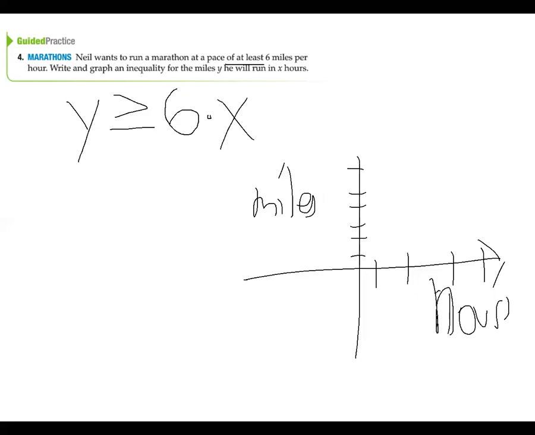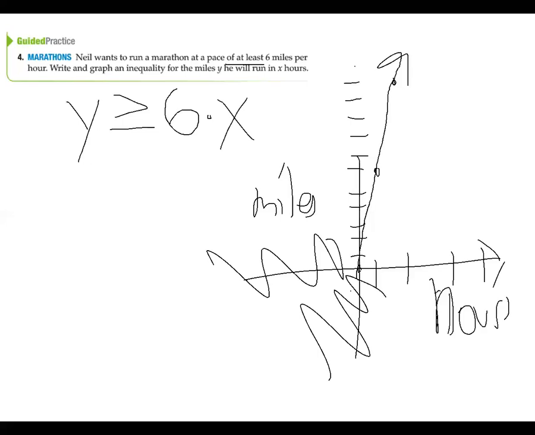So if he goes 0 hours, it won't go anywhere. If he goes 1 hour, it's 6 miles. 2 hours would be 12 miles. And it's at least, so it's or equal to, so it goes up here. And he can't run negative miles or negative hours and be realistic.